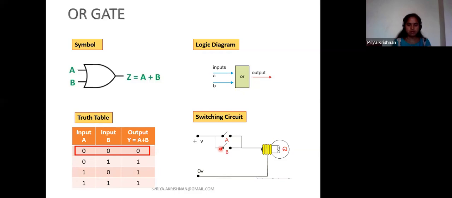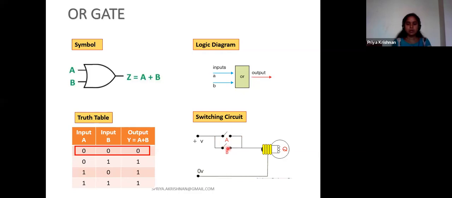Here again I have a bulb, but this time for the OR gate I have connected the switches in parallel combination. So if both the switches are open, the circuit is not closed, and the lamp will not glow. If I switch A to on state, it goes to the closed condition, so the lamp will glow.